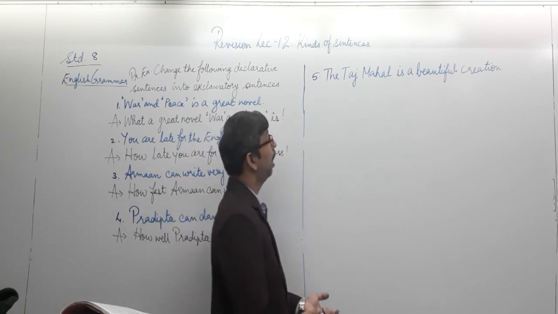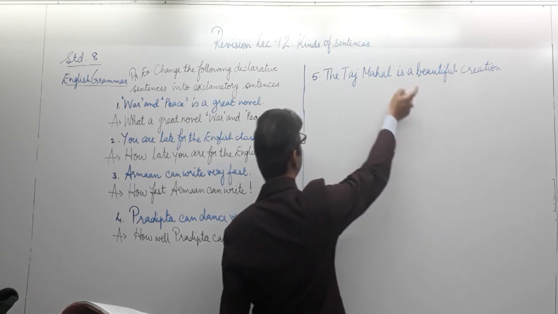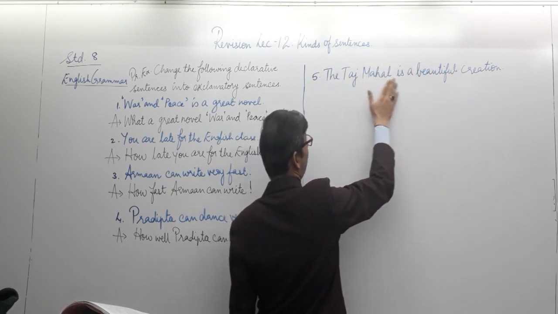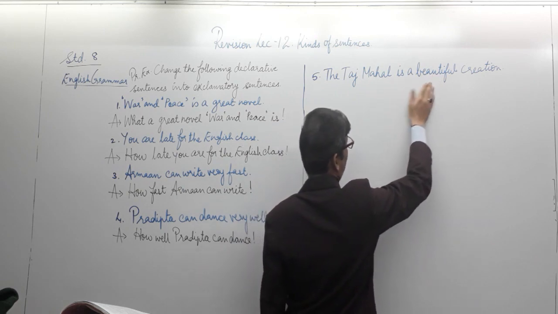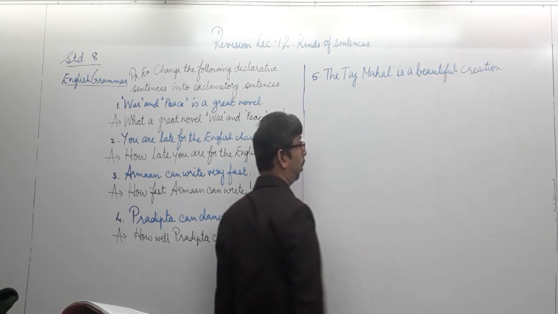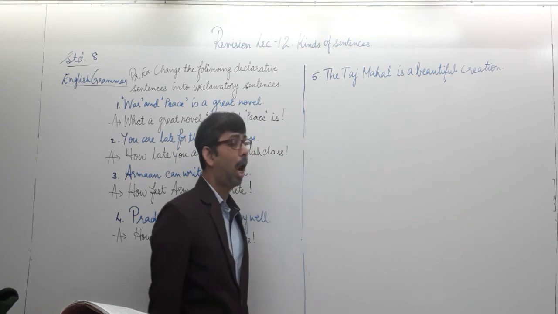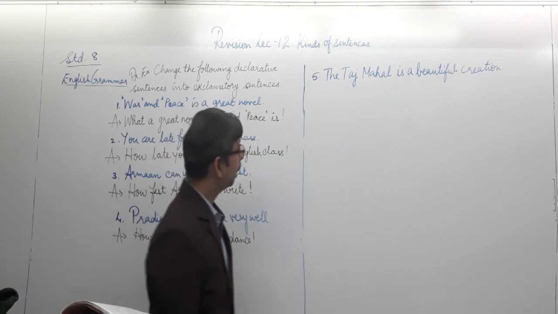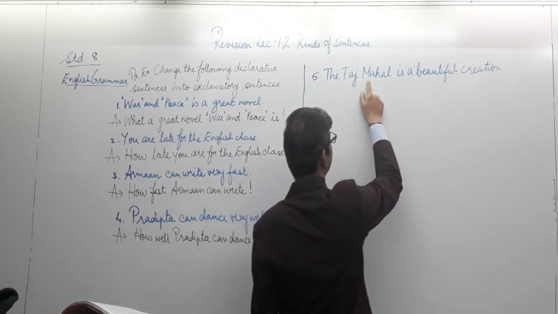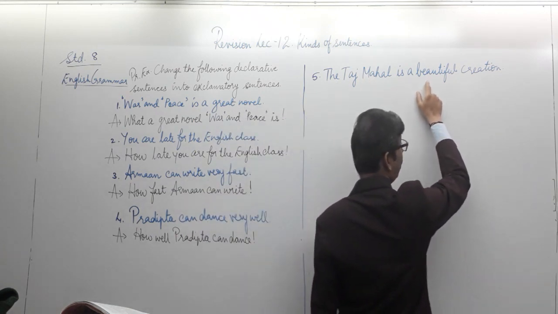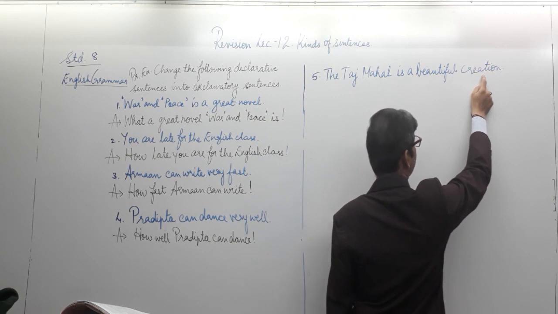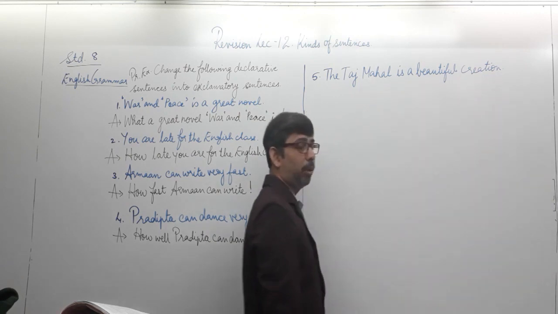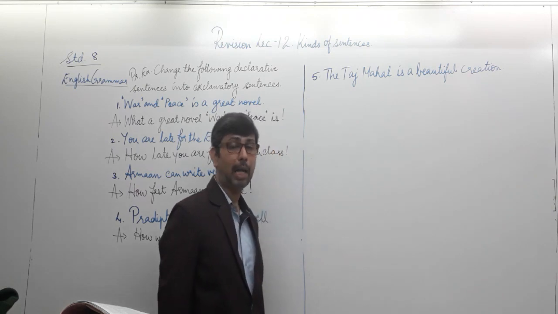Well, we could have written how over here in case the sentence was different. Say if the sentence was the Taj Mahal is beautiful and the word creation was not given to us, then you would have written how beautiful the Taj Mahal is. But here the sentence is the Taj Mahal is a beautiful creation, and the additional word creation refers to the Taj Mahal, but it is in the object part and we are concerned about that word.